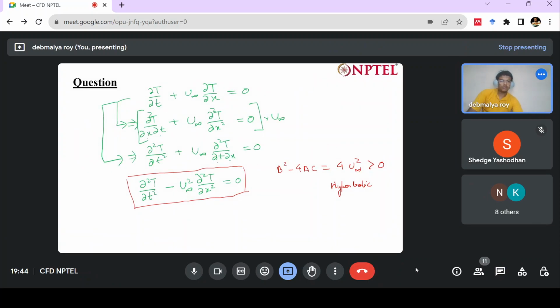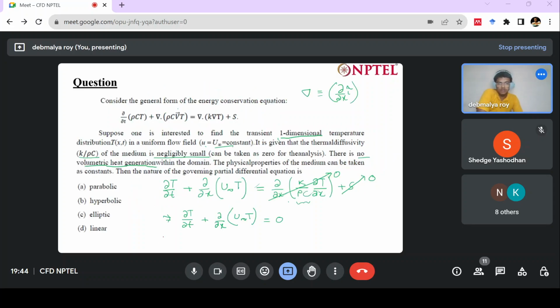Yes, so this is a hyperbolic equation. We expect that the equation that we started with will have the properties of a hyperbolic equation, and it does. So let us try to imagine the physical situation that this equation portrays.